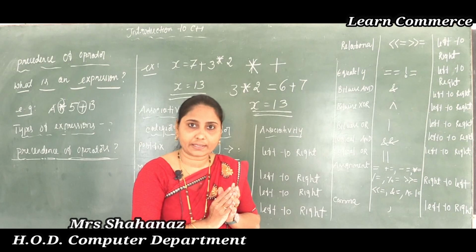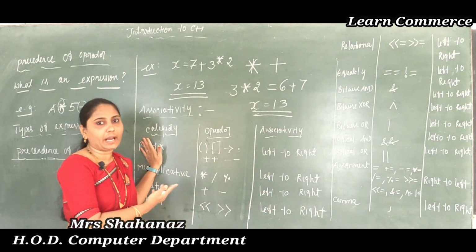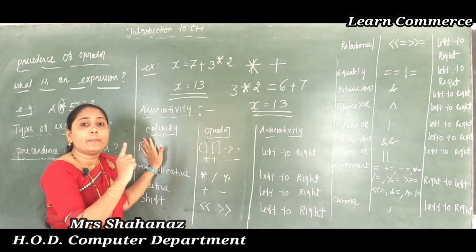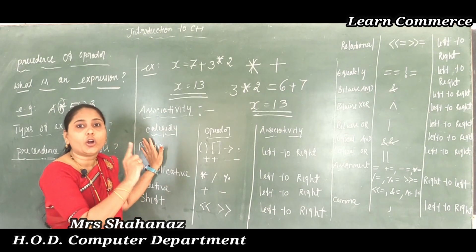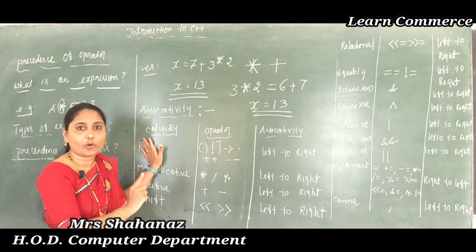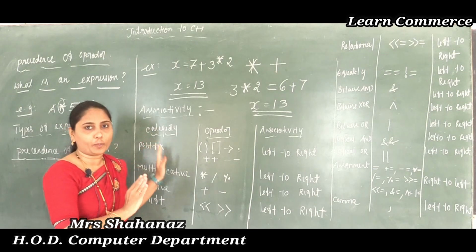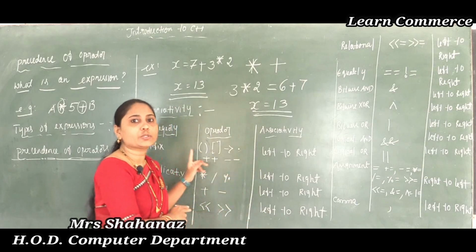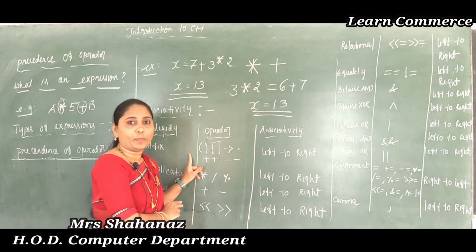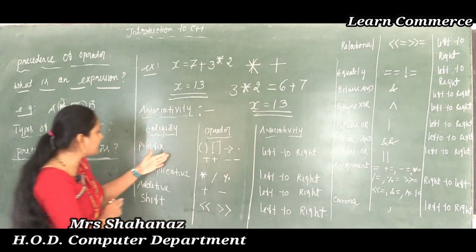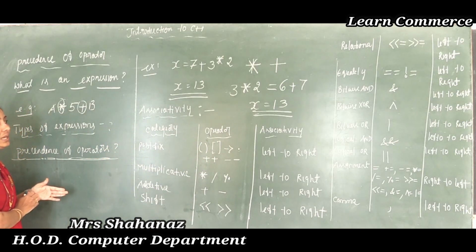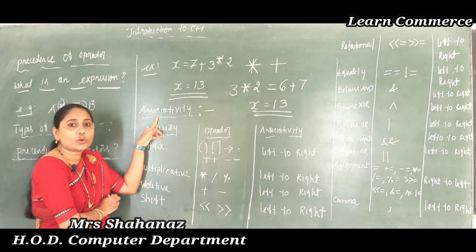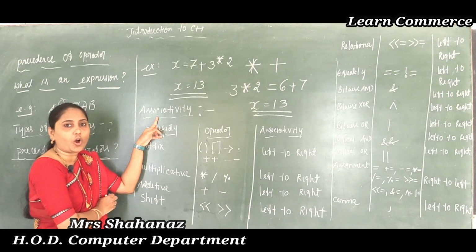So we can say that the precedence of operator, as we know, is called precedence if the expression contains multiple operators and the order in which the operations are carried out is called the precedence of operator. So we are going to complete a list of the precedence of operators along with the associativity property of an operator.